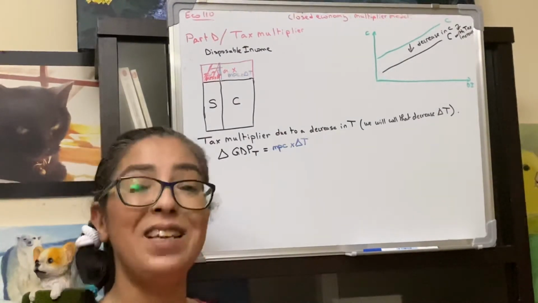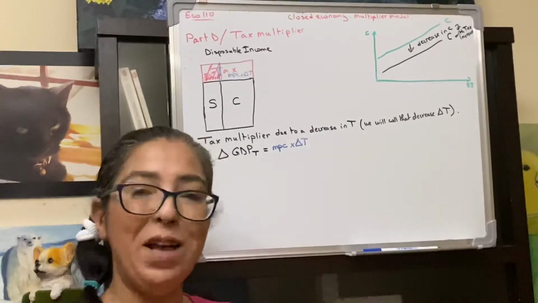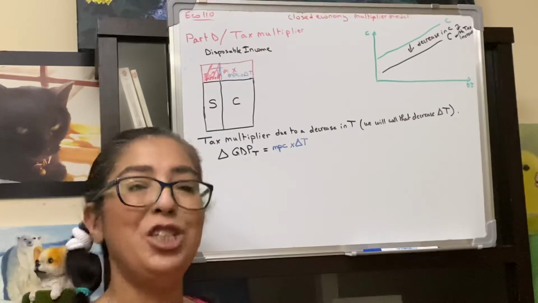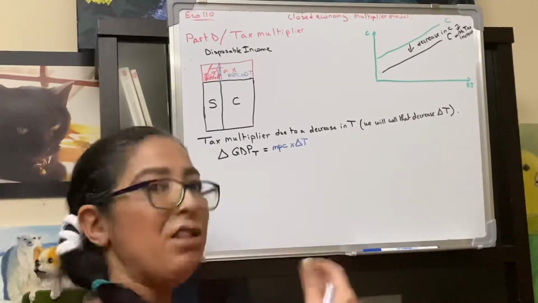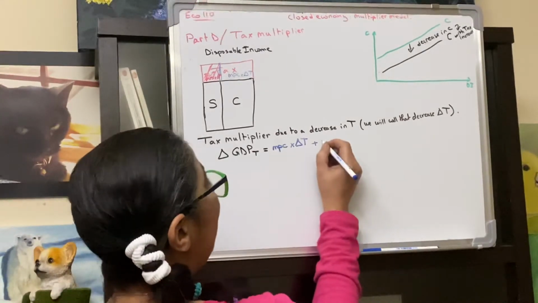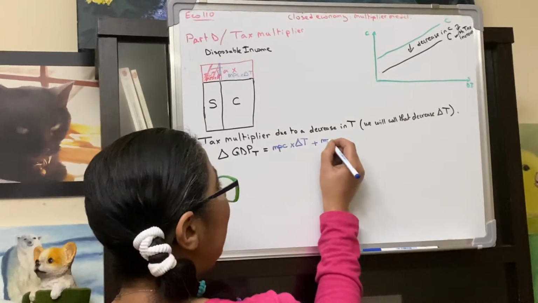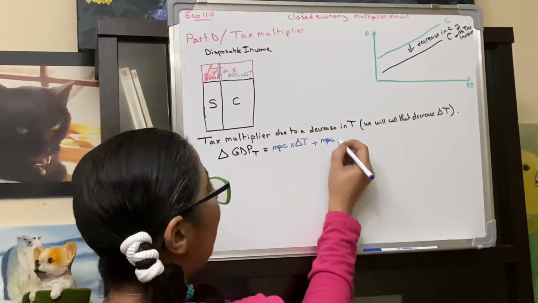That person is gonna consume MPC of whatever money they received, which is MPC times MPC times delta T. They're gonna consume, meaning buying something, so we're gonna add it to the GDP: plus MPC times the money they received.